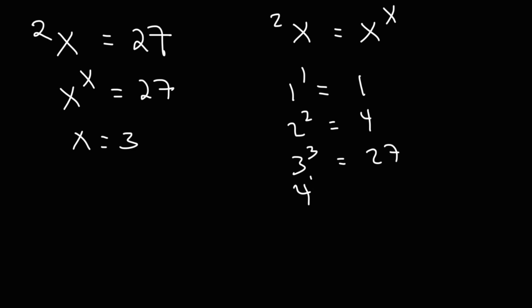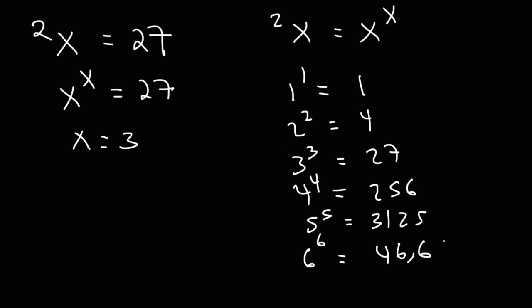Now there's some others. 4 raised to the fourth power, that's 256. 5 raised to the fifth power, that's 3125. 6 raised to the 6th power is a big number, 46,656. 7 raised to the 7th power is 823,543.